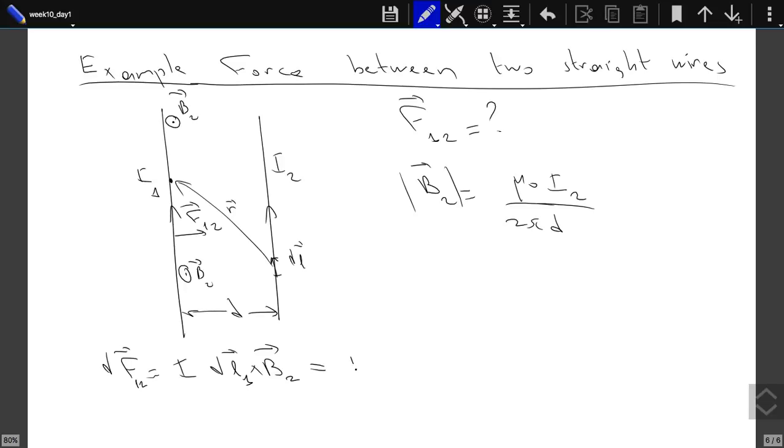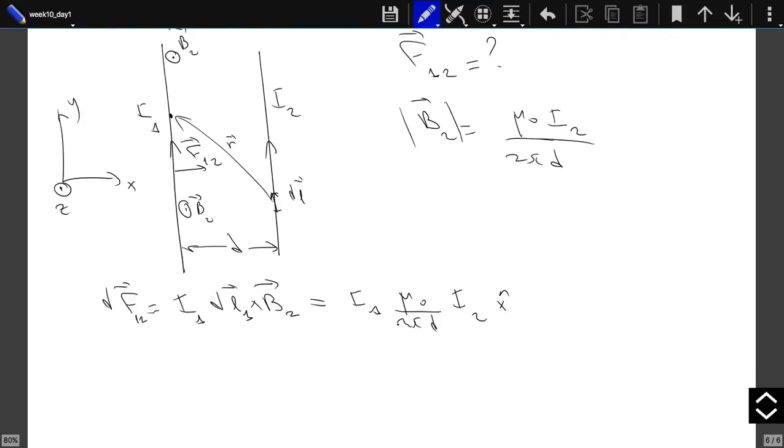So we can write this as I1 times mu0 over 2 pi d times I2. Let's say this is the x, this is the y, this is the z-axis. In the x direction, times dl1, or the force per unit length.